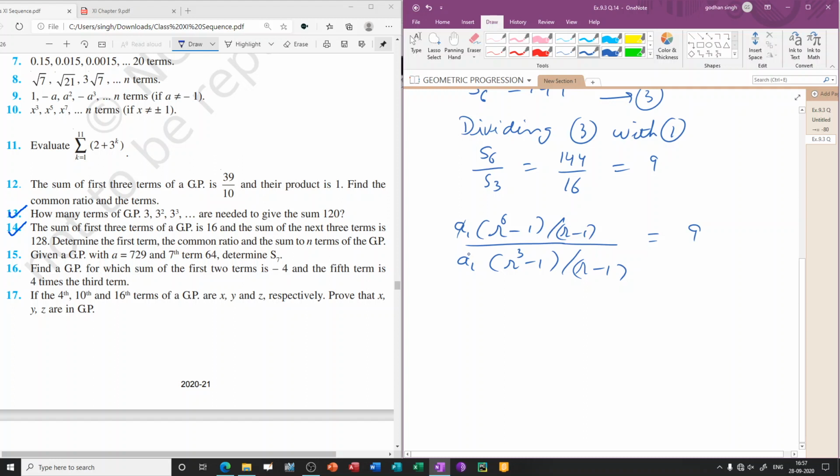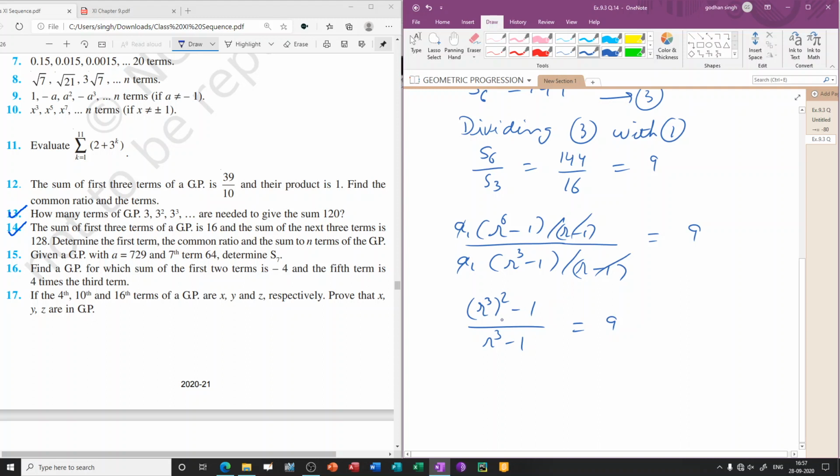So A1 and A1 cancel out, these two also cancel out. So now what we can do is, we can write this r to the 6 minus 1 as r cube squared minus 1 over r cube minus 1 equal to 9. And this r cube we can take as a and 1 as b.